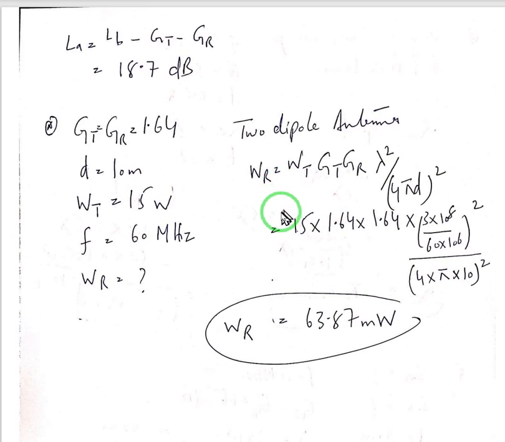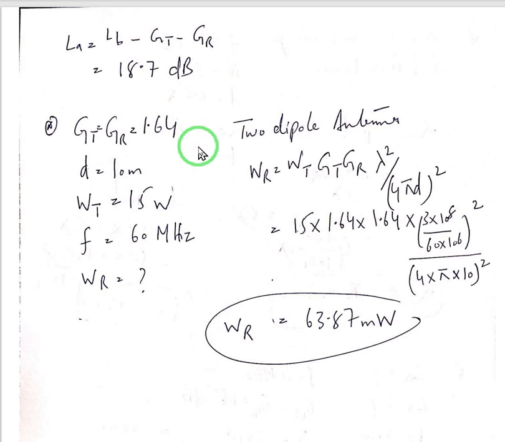So moving forward to the next question, we are given the transmitter and receive gain of the antenna equal to 1.64 dB. We have an antenna that is a two dipole antenna.